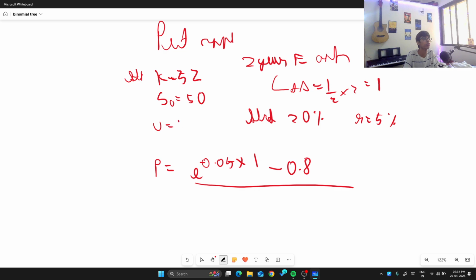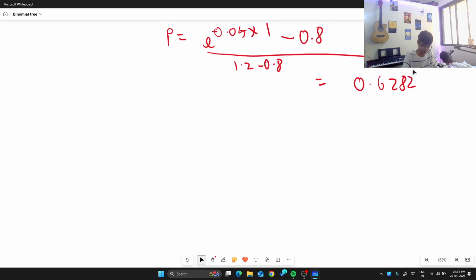So u equal to 1.2, d equal to 0.8. Divided by 1.2 minus 0.8, that would give the probability of 0.6282.